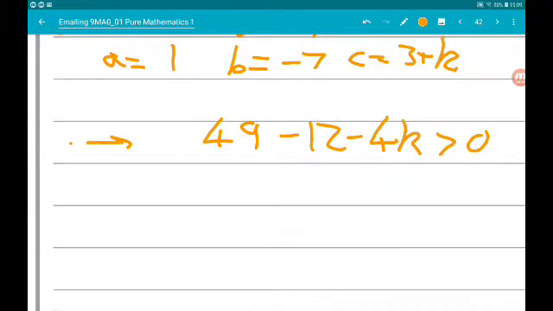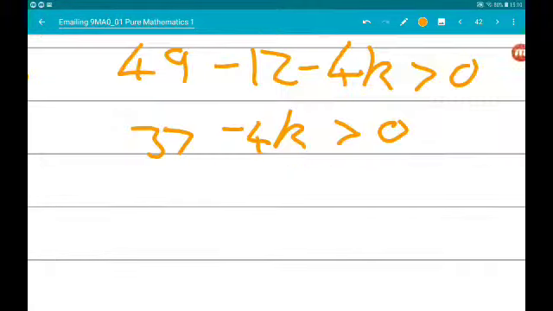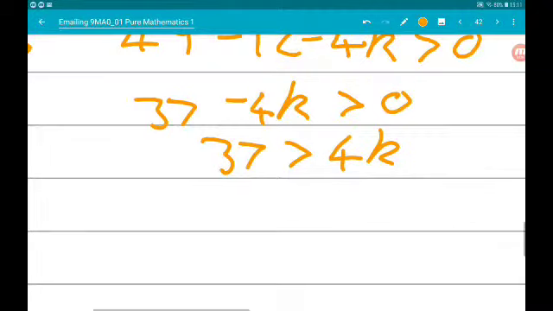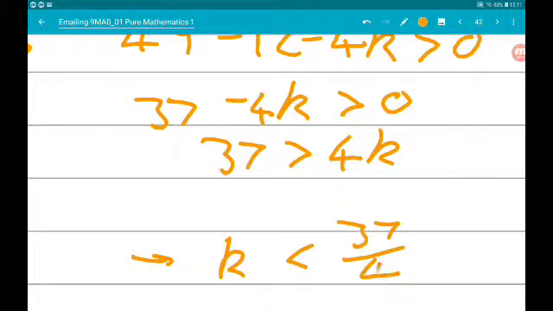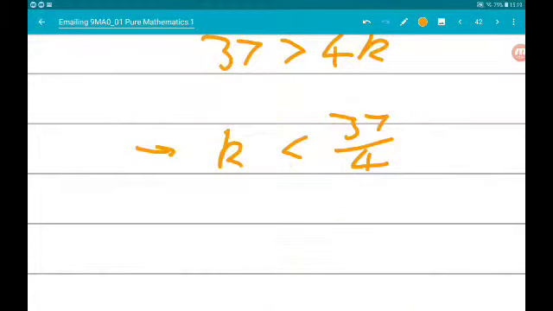So we get 37 minus 4k is greater than 0. So 37 is greater than 4k, and then finally we can say that k is less than 37 over 4. Okay, so that is our upper bound for k.